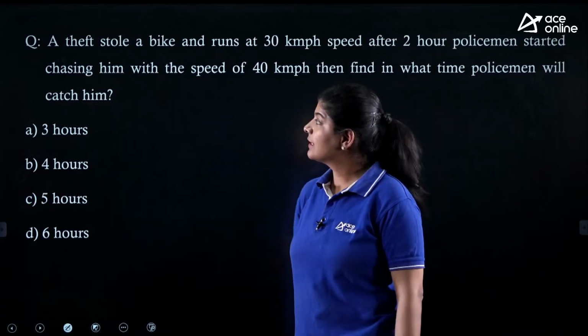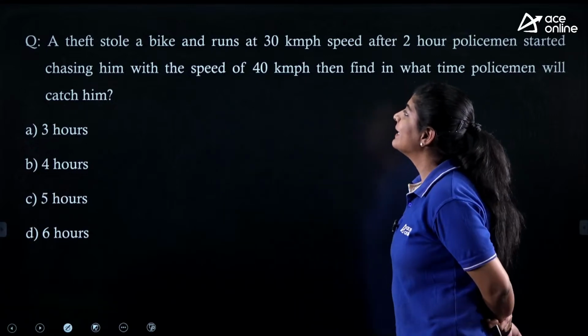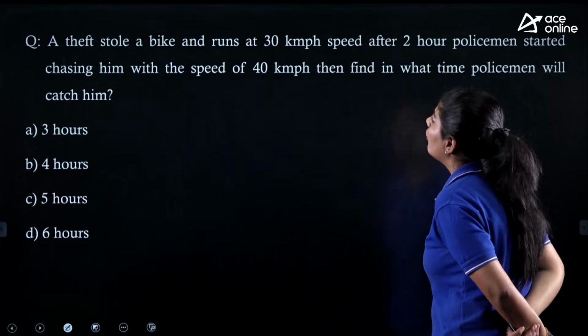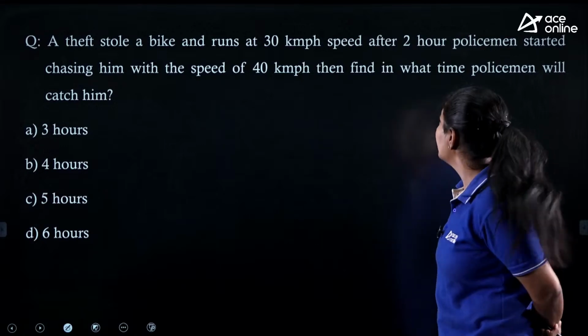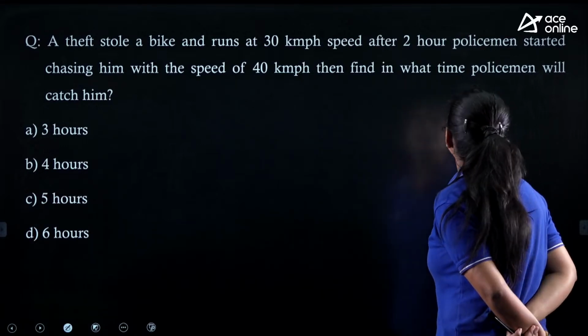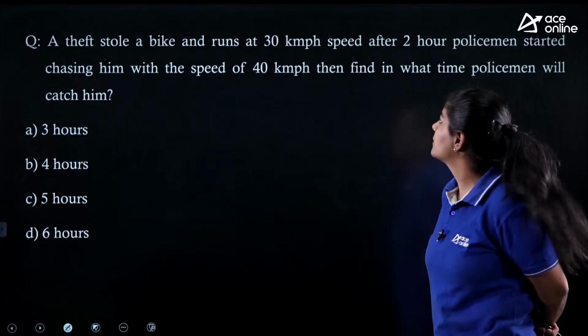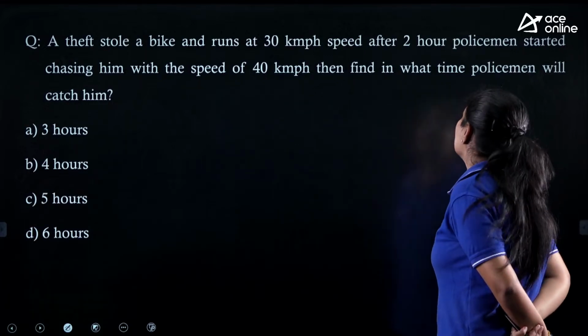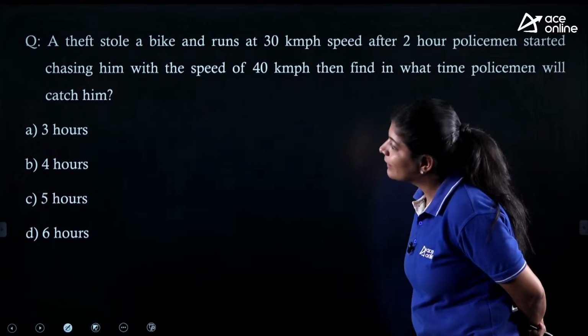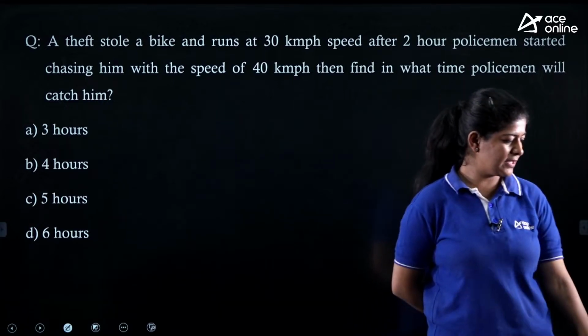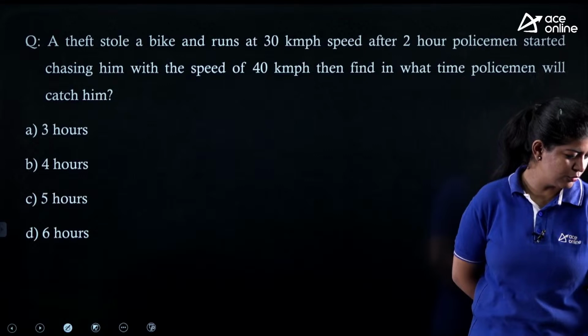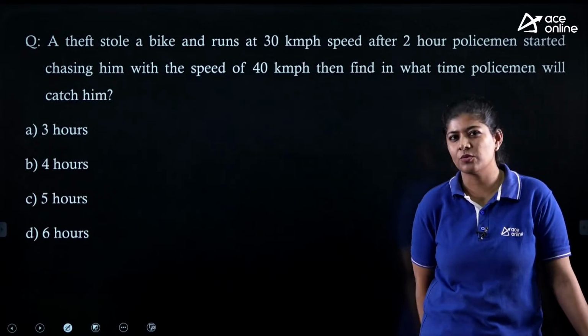The next question says that a thief stole a bike and runs at a speed of 30 kilometers per hour. After 2 hours, policemen started chasing him with a speed of 40 kilometers per hour. Then find in what time police will catch him. This is a very easy one. It's not necessary to go through the traditional approach over here.